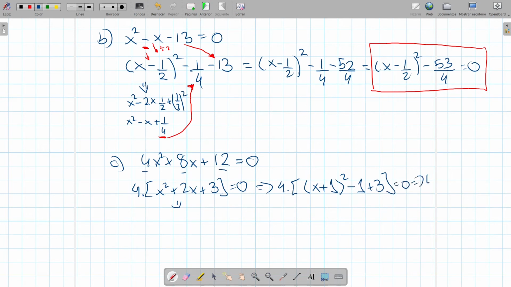So it's x plus 1 squared, 3 minus 1 is 2, and that would be our completing the square. We could have another exercise where we have things multiplying, but we cannot factorize. For example, this one.